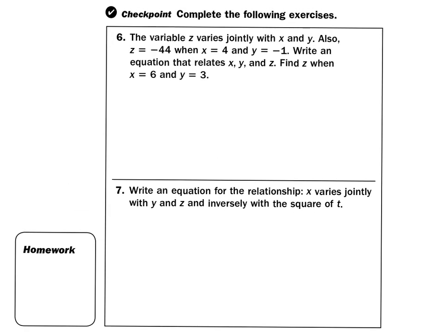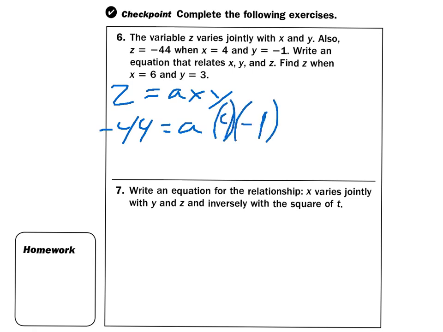All right, welcome back. The variable Z varies jointly with X and Y. Z equals AXY, right away. If Z is negative 44 when X is 4 and Y is negative 1, see, I'm multiplying all this stuff together, find A is what you're trying to find. So I have negative 44 equals something times negative 4. Well, hopefully some of you guys right now are screaming 11, right?